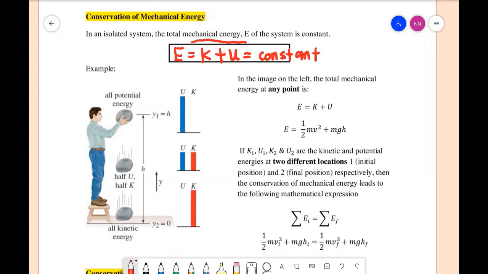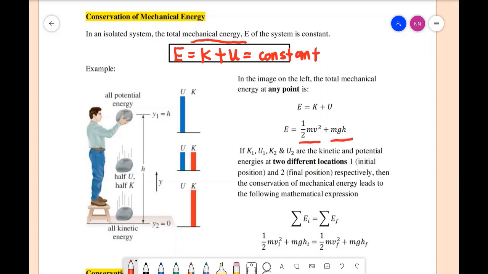In the image on the left, the total mechanical energy at any point is E equals K plus U, where K is the kinetic energy and U is the potential energy. The formula for kinetic energy K is half mv squared, and the formula for potential energy U is mgh.